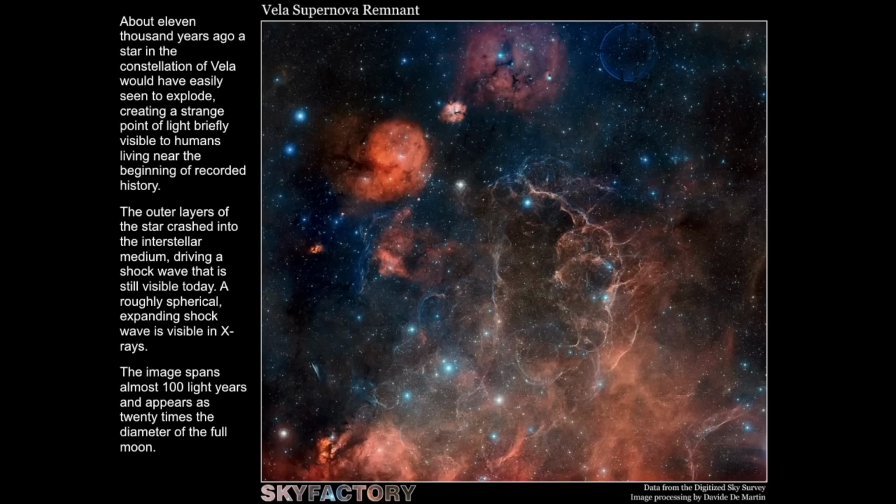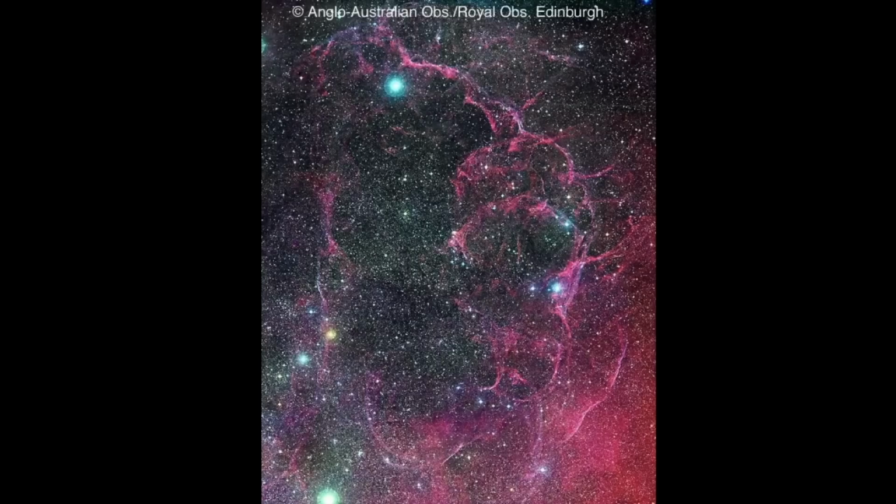The wispy, webby thing that's in the middle, that's the nebula, that's the supernova remnant. The rest of it is H2 regions and star-forming regions, but the webbiness is from the exploding star that happened about 11,000 years ago. And there's a view of it in H-alpha taken by the Anglo-Australian Observatory.